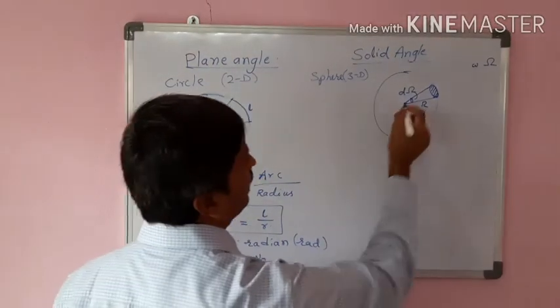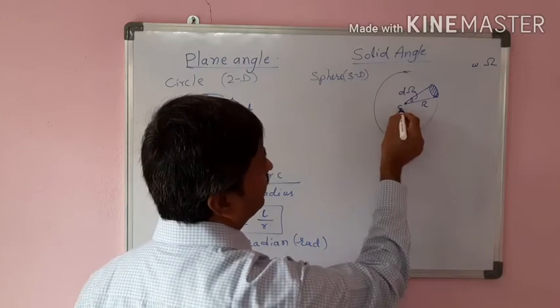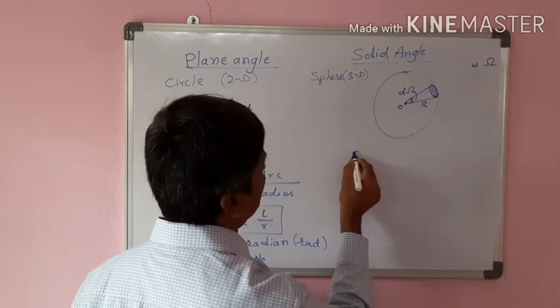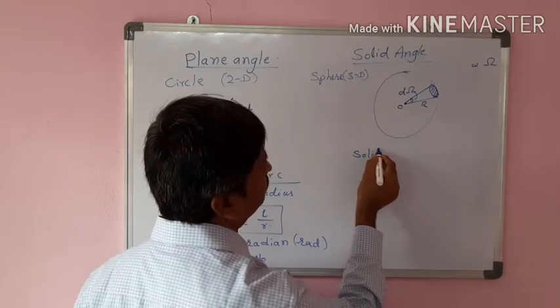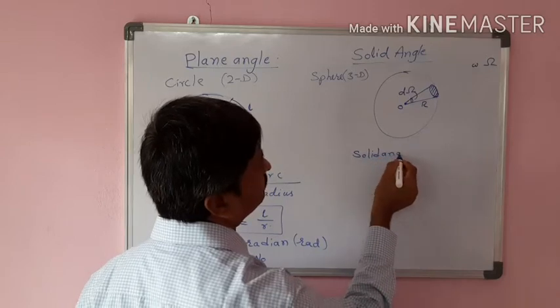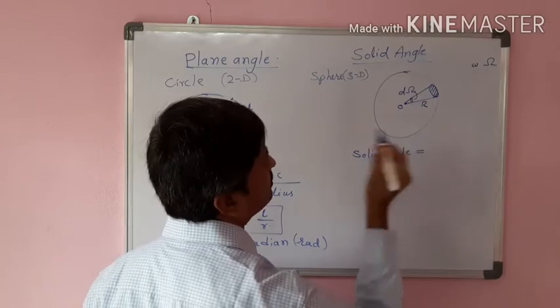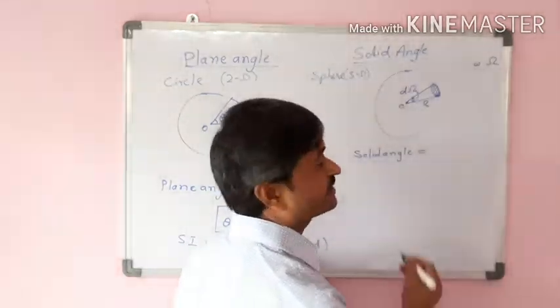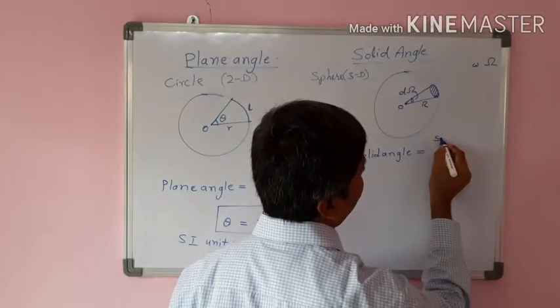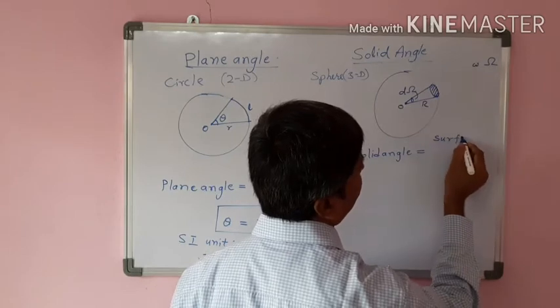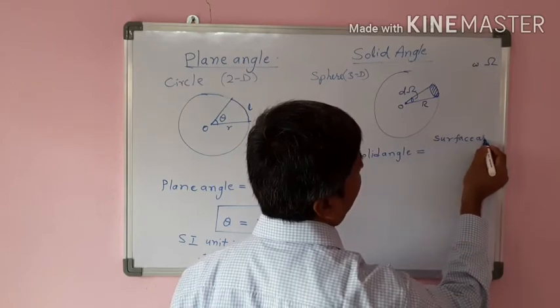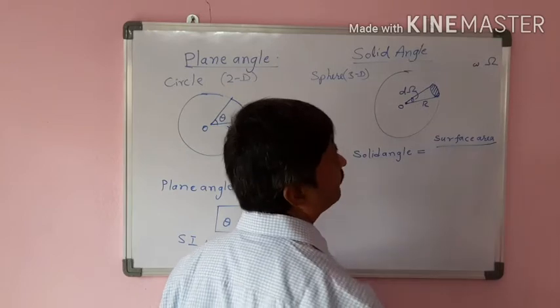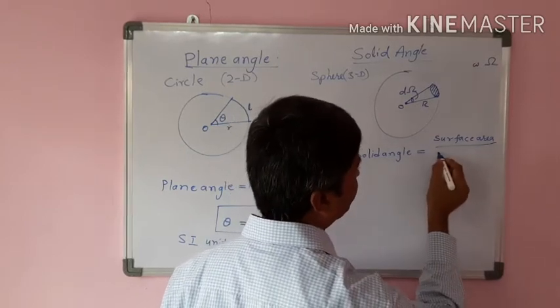How the solid angle is defined: solid angle is defined as the ratio of the surface area divided by the square of the radius.